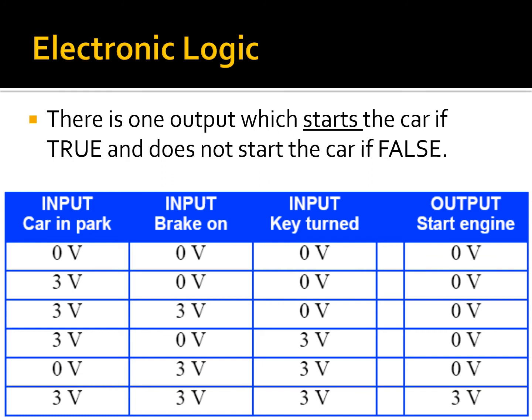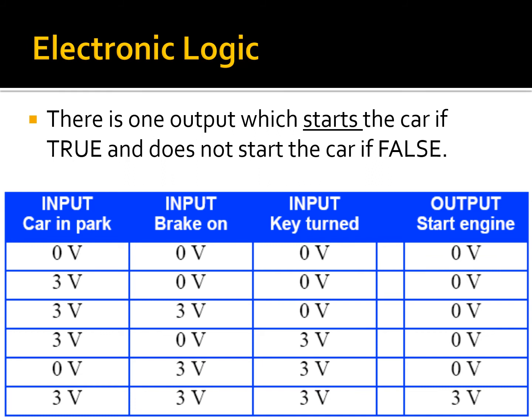So if I look and the car is not in park, the brake is not on, and the key is not turned, all of those are zeros, which means that the engine will not start. I have zero voltage going through. If the car is in park, but the brake's not on, I don't turn the key, I still do have a 0 volt.